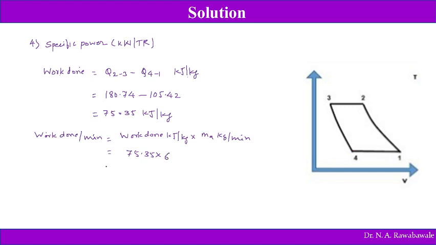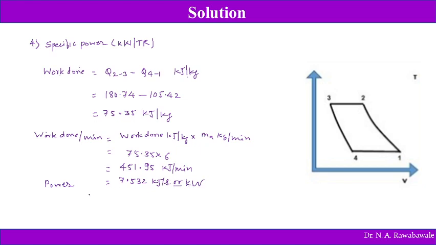So this works out as 451.92 kilojoules per minute, and if we divide it by 60, then it will be 7.532 kilojoules per second. So now this is power, we can call this power in kilojoules per second or kilowatt.